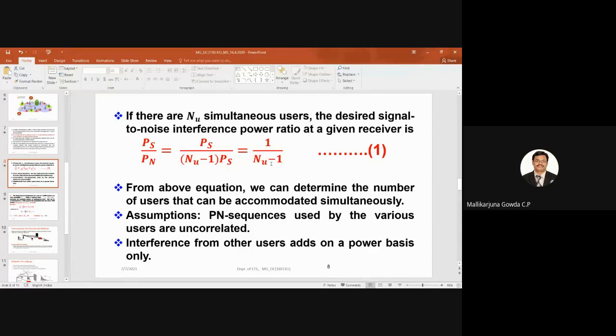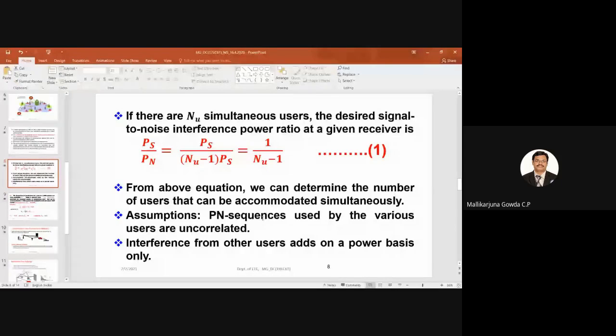So this is the equation you need to understand: the desired signal power to the noise power, Ps by Pn, is equal to 1 divided by (N_u minus 1). If you know that, then anything they ask, they may give the number of simultaneous users and the noise power, and ask you to calculate a signal power or any other parameter.